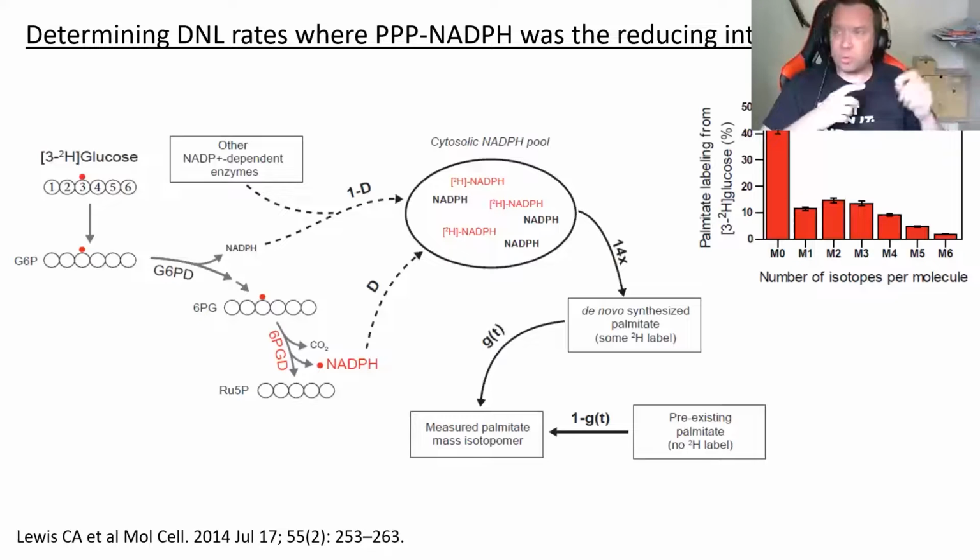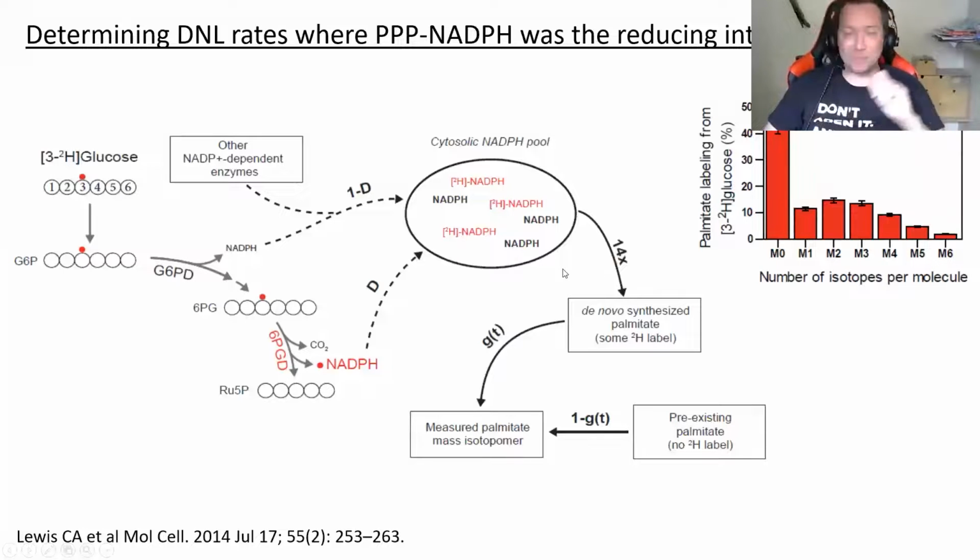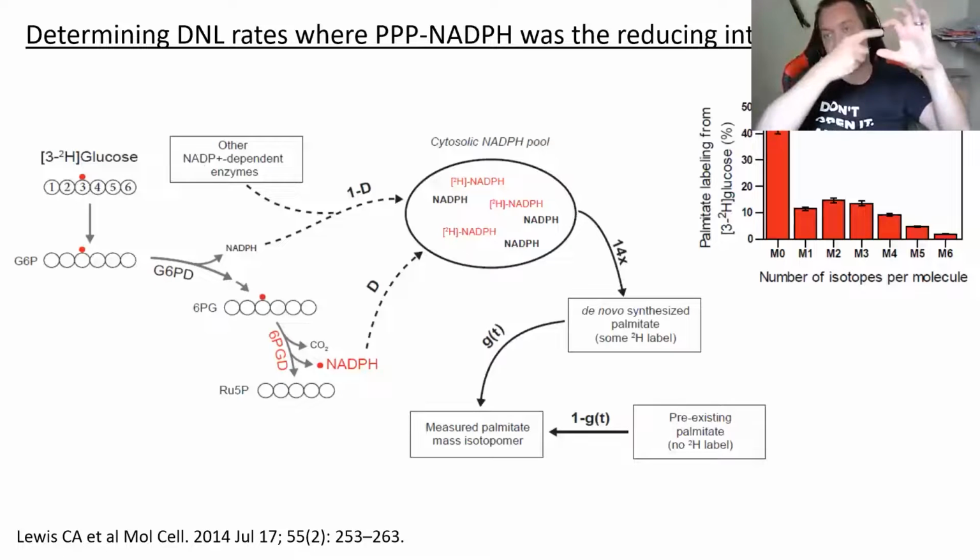What we were trying to do was trace how much NADPH was getting consumed in macrophages, in this case, by de novo lipogenesis. I'll explain later on why we're doing that. The way we were doing this was we were using glucose which had a deuterium on its 3-carbon. The 3-carbon has a hydrogen and an OH group on it, and the hydrogen was replaced with a deuterium.